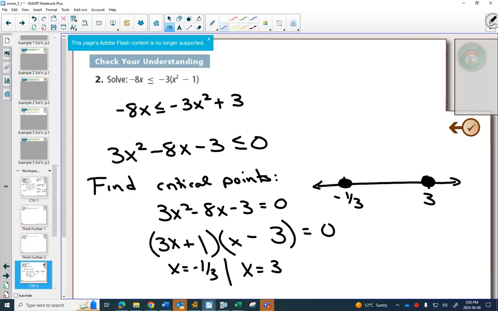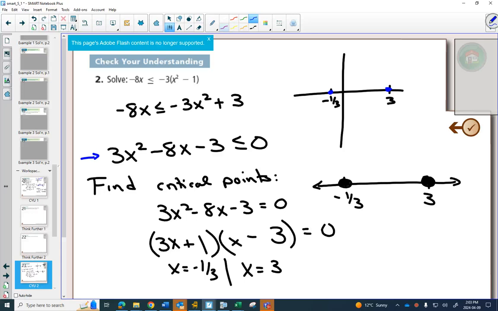In using your graph, the only thing we know about our graph is that we have x-intercepts at 3 and negative 1/3. Those are the only points we would know. Does your graph go up or down? We would check this here, because that's where it's about the 0.